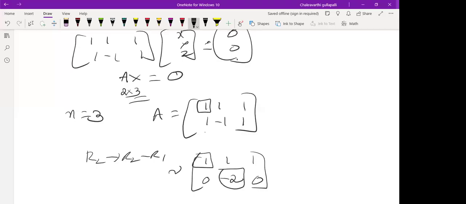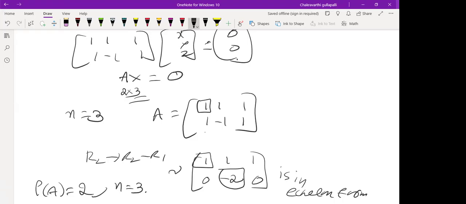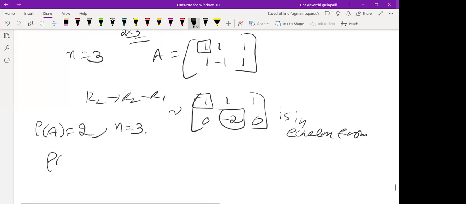This is leader, below that nothing to make 0. So what is the rank of the matrix in this case? How many non-zero rows? 2. What is n? 3. Rank is less than n. Therefore, the system has many solutions.